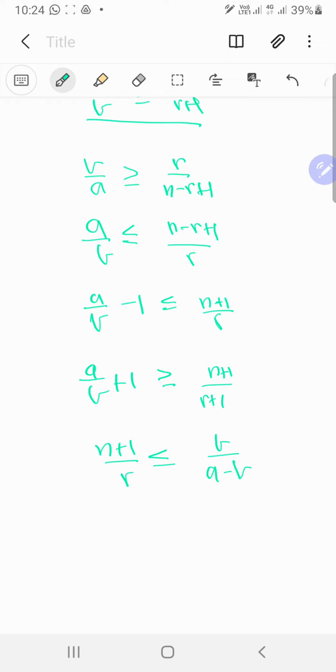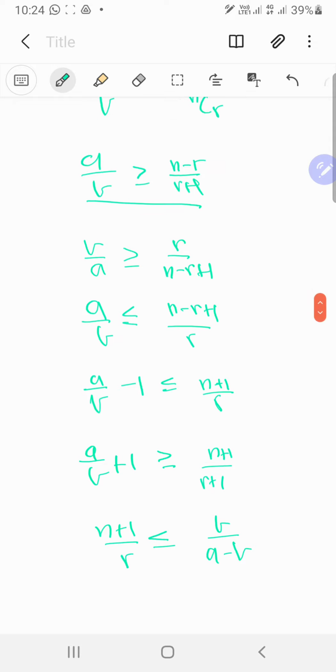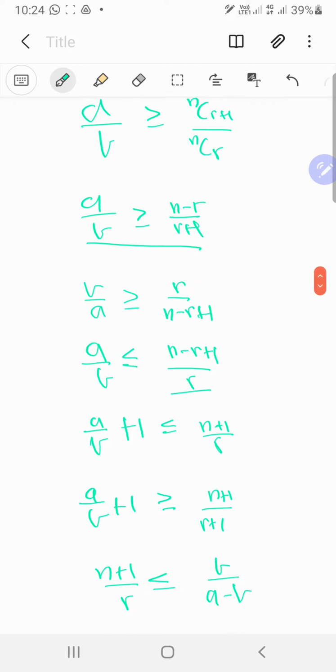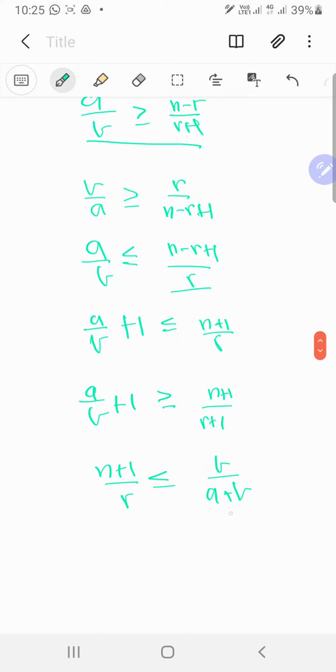Maybe I can divide this by n+1 right away. Oh sorry, it's supposed to be plus 1 over there. You should in fact be having a plus 1 over there, because over here you're going to get a minus 1, and then that goes on the other side, it becomes plus 1. So over here you should instead have a+b.